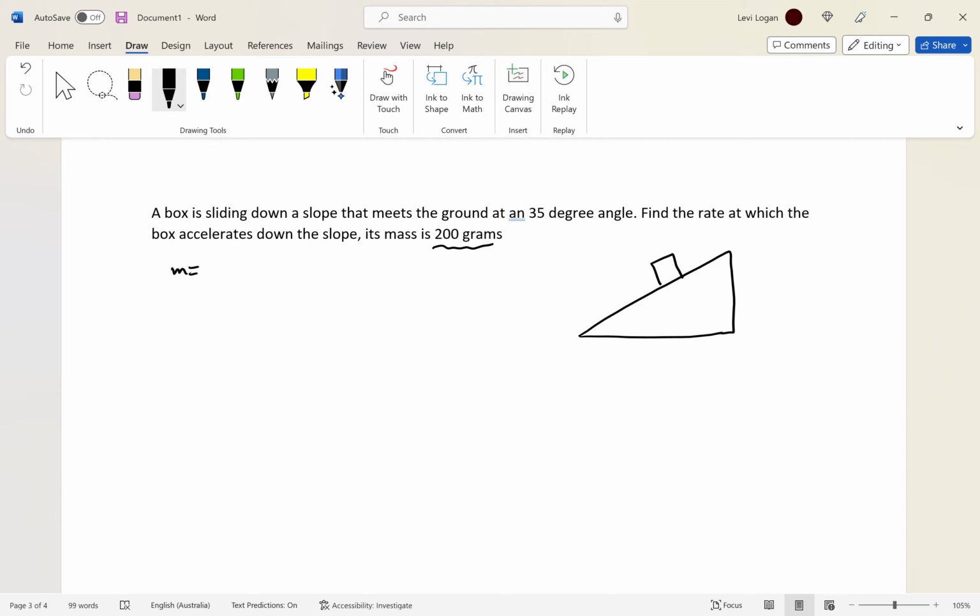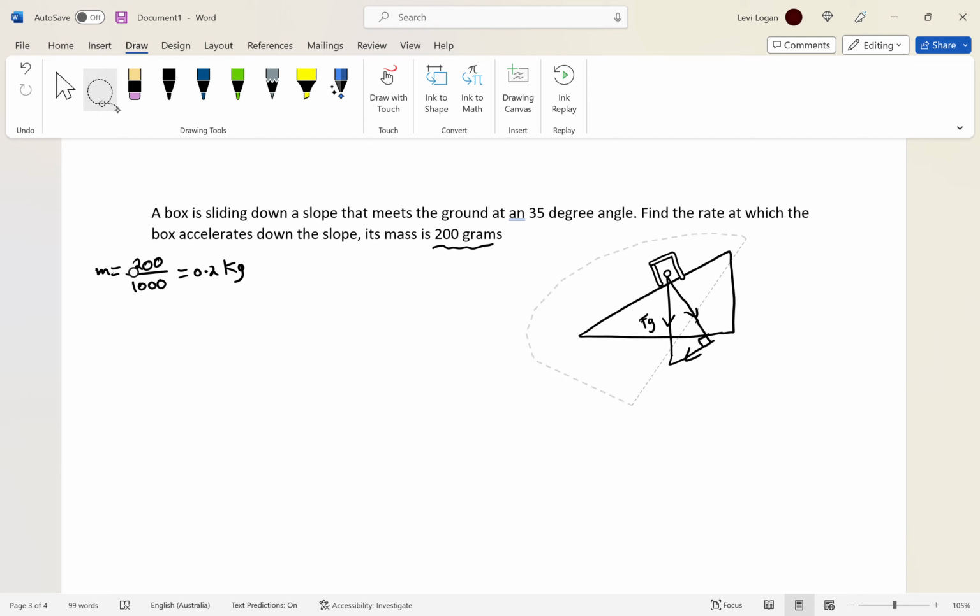So our actual mass in kilos is going to be 200 divided by 1,000, which is equal to 0.2 kg, because all of our quantities need to be in SI units, standard units across the world. Now, we haven't been given a coefficient of friction, so we can assume that this surface is pretty smooth, so there's minimal friction acting on it.